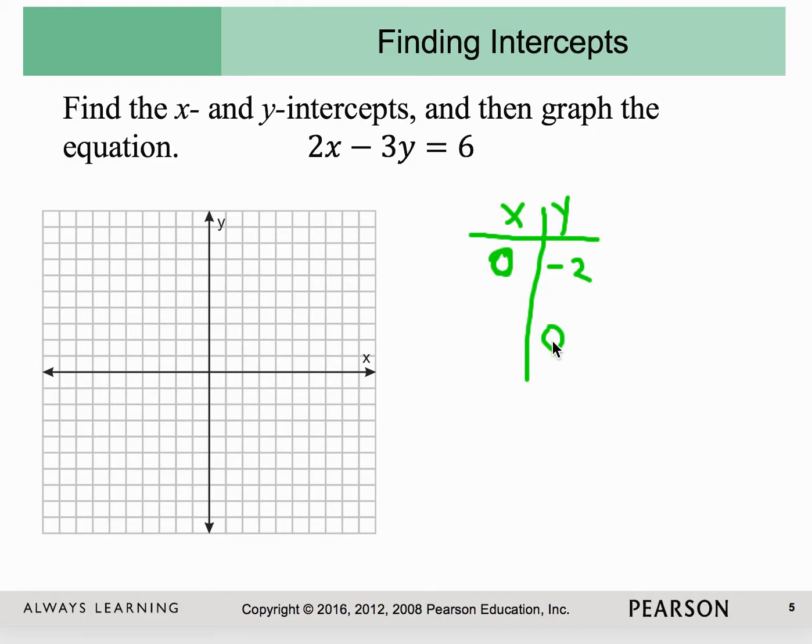Okay, now if y is 0, 2 times what is 6? 2 times 3 is 6. Okay, so 0, negative 2, and 3, 0. Draw a straight line between them. We're good to go.